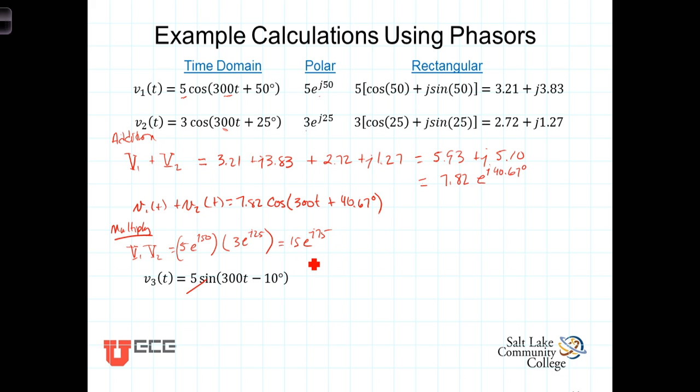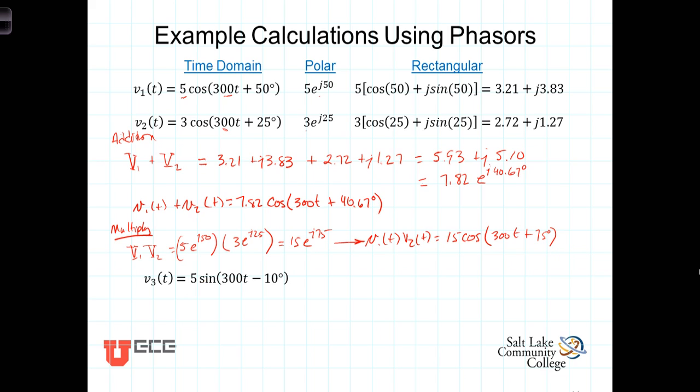That, already in its polar form, we can then see that the product of V1 times V2 is going to have an amplitude of 15. So switching this back, V1 of t times V2 of t is equal to 15 cosine of 300t plus the angle of 75 degrees.